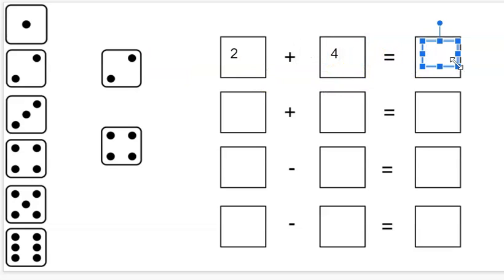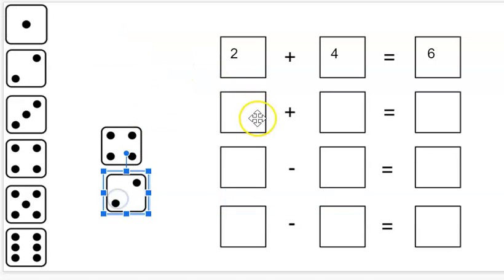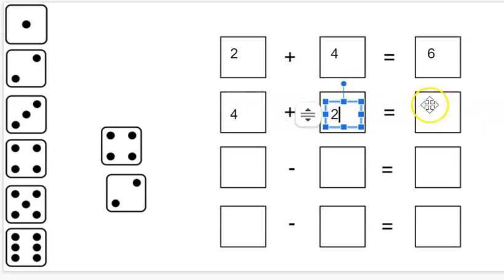That equals 6. So because of the commutative property, I can always add 4 first. So instead of 2 plus 4, I can say 4 plus 2 equals 6. So that's another way I could write that addition sentence.